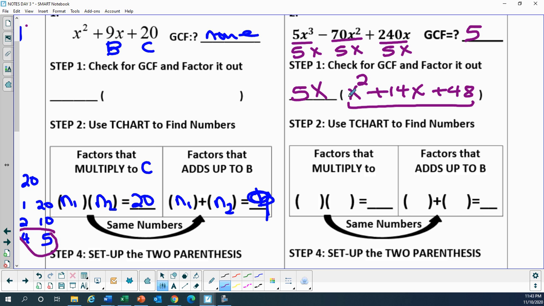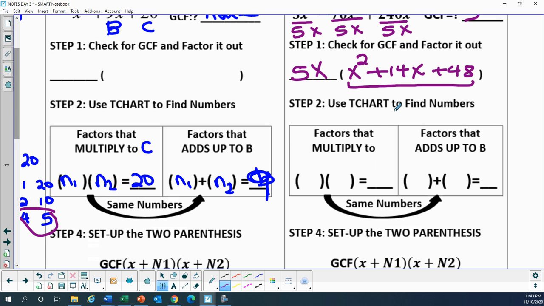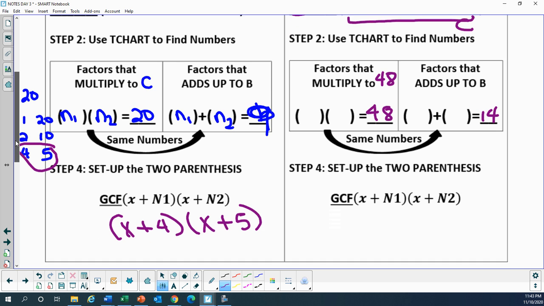Now I have x squared in front, so A is 1, and we're still going to use the same method I used here. When I multiply, it needs to give me C, which is 48. When I add, it needs to give me the middle number, which is 14.